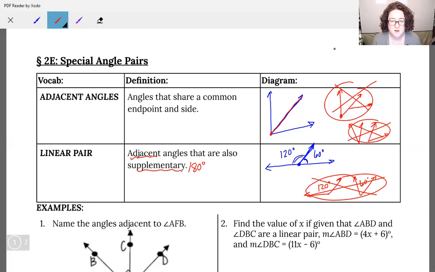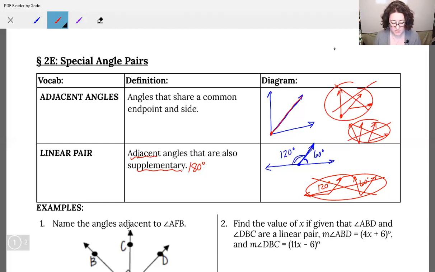This goes back to the statement you've probably heard: a square is a rectangle, but a rectangle isn't a square. It's the same sort of thing here. A linear pair is always supplementary, but two angles that are just supplementary don't have to be a linear pair, because they don't have to be adjacent.